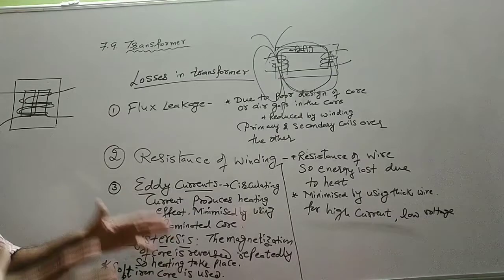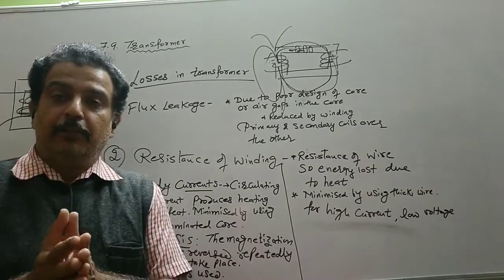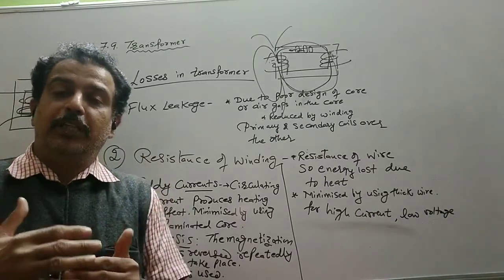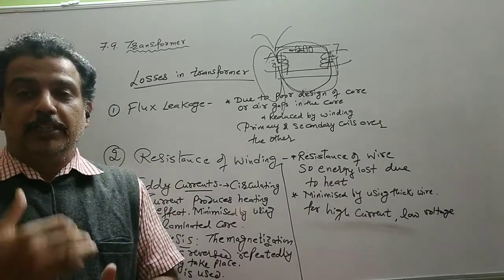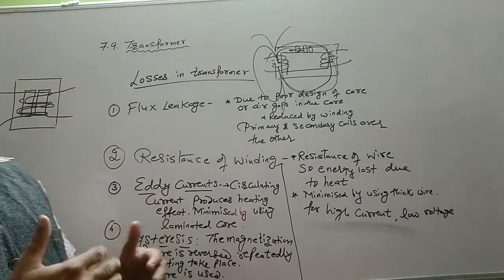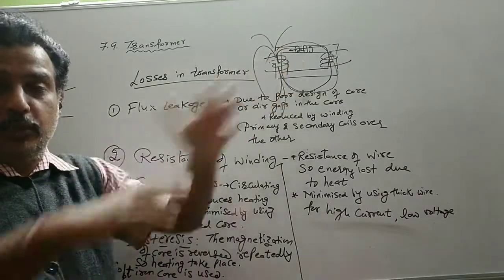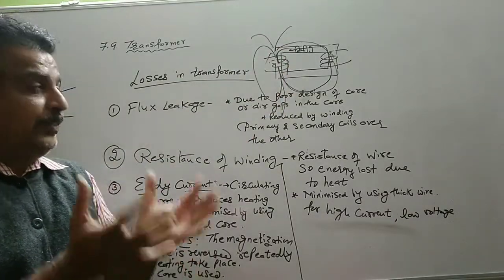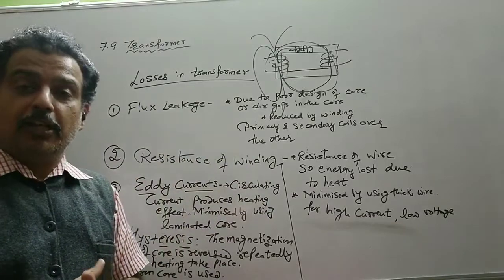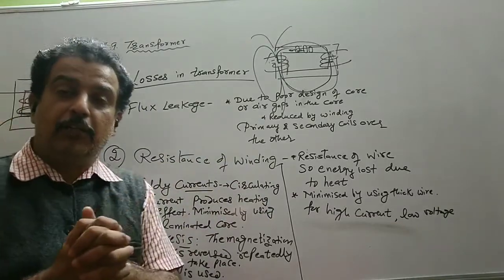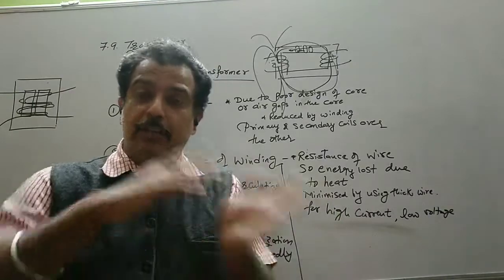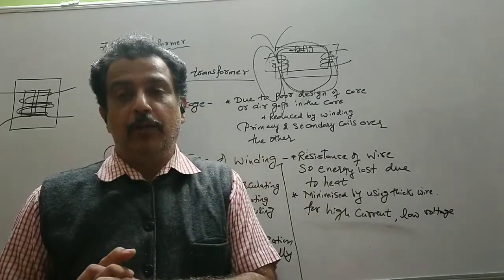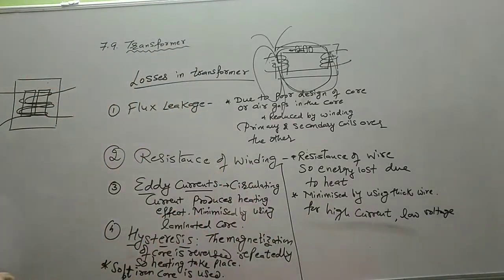Though we have not discussed hysteresis in detail, remember it is a phenomenon of magnetization and demagnetization. This magnetization, demagnetization, or reversing the cycle, the whole thing is called the hysteresis curve. So it is possible to magnetize, demagnetize, or reverse the atomic dipole. That graph is the hysteresis curve, which we have not discussed.